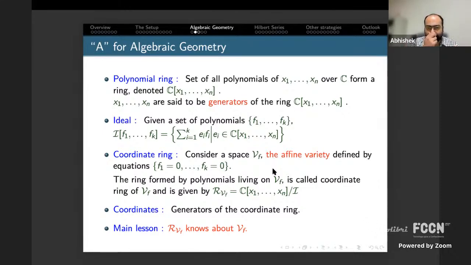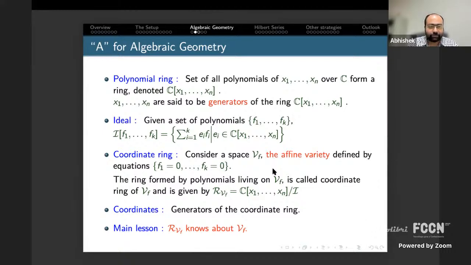And then if you have some special polynomials, let's say f1 to fk, you can ask what sorts of polynomials you can create using these f1 to fk, and that forms an ideal. If you put f1 to fk to 0, that creates for you an affine variety, say VF. This is like putting hypersurfaces on a space.